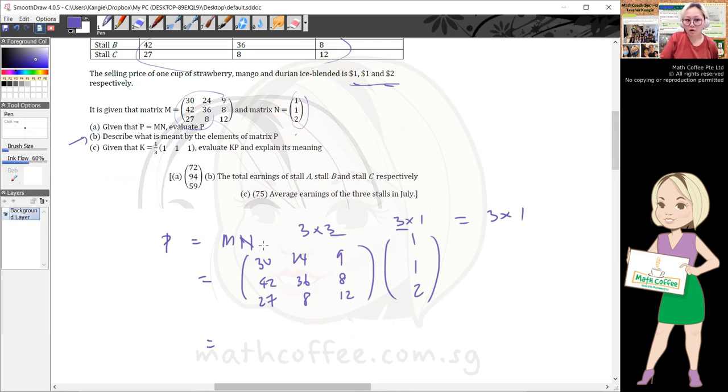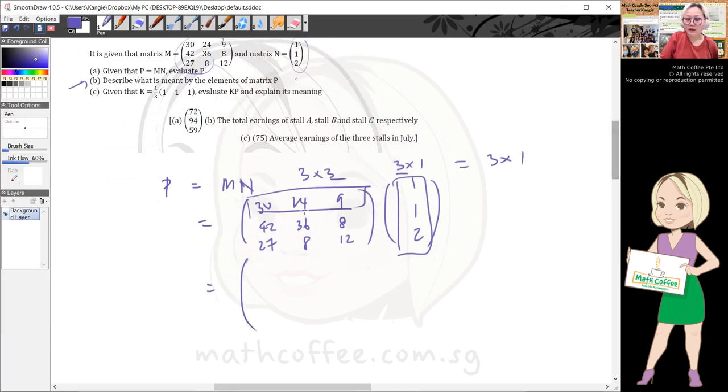First row, first column, so this and this. I'm not going to do the whole thing, I just want to show you: 30 times 1 plus 24 times 1 plus 9 times 2. Then you repeat the same thing, and after that you have 3 numbers, right? Let's take a look.